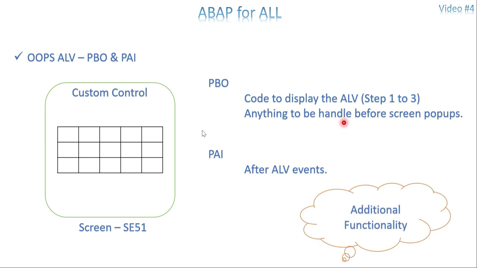And the additional functionality, what actually is meant for us, we are in an object-oriented concept, and they enhanced the way the ALV works. So compared to the normal ALV concept, we have a lot of additional functionalities available. A simple example is, if you enable the option called edit, automatically the checkbox also will be enabled. So there's additional functionality, because in normal ALV we have to enable it using a layout option, edit, enable the checkbox, but here it is not like that.